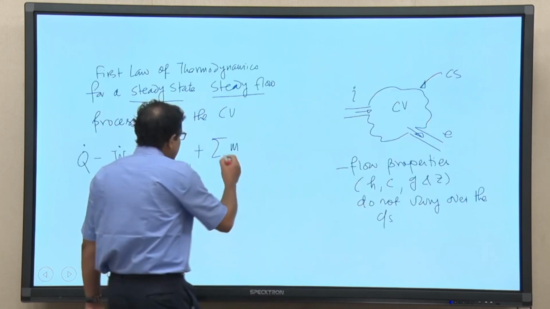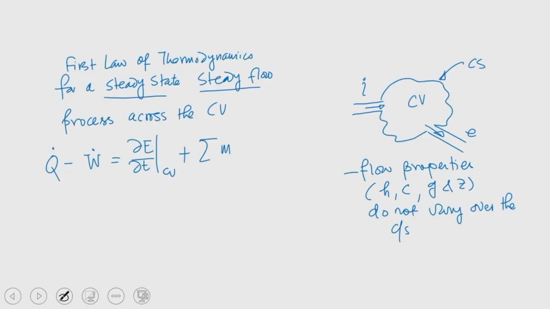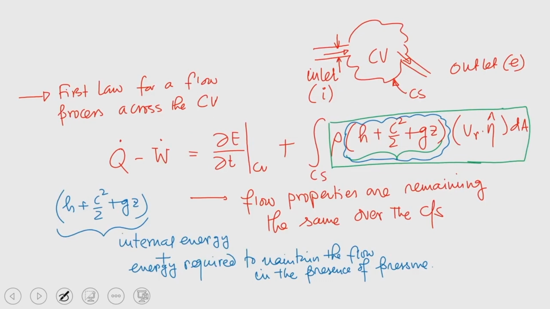So, I can write m dot E. If we take this at the exit, we can denote enthalpy, velocity and z at the exit.